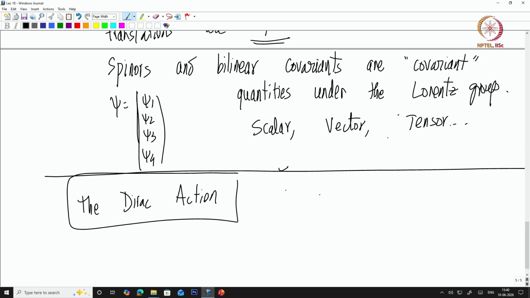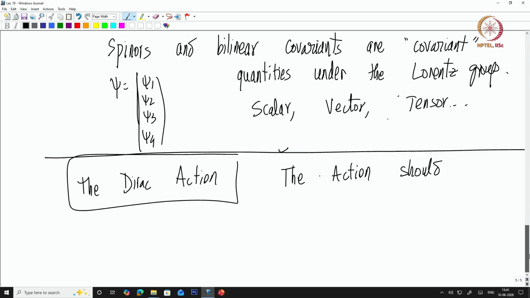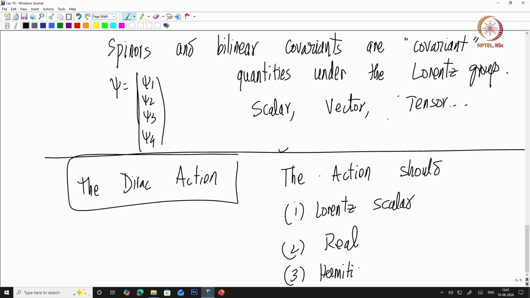The conditions on the action are that it should be a Lorentz scalar, real, and Hermitian. Once we do interactions we will also put in additional conditions like locality, but right now let us assume that it should be real and a Lorentz scalar.